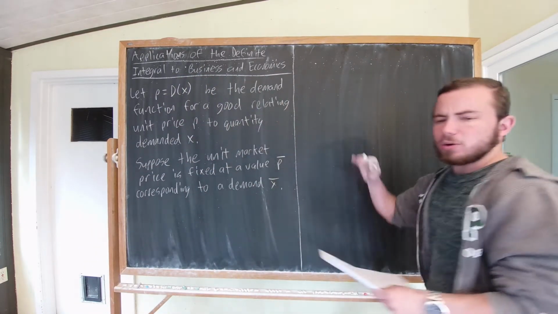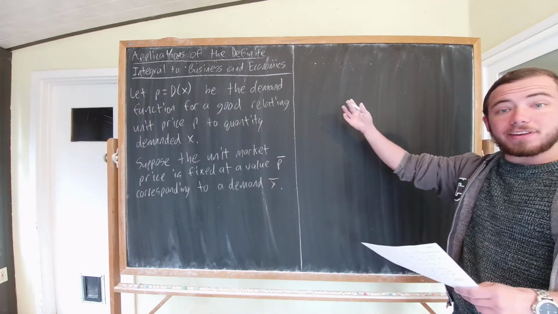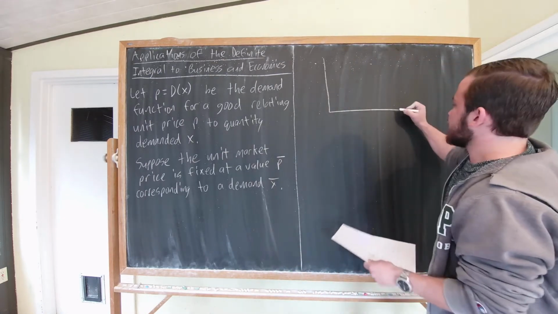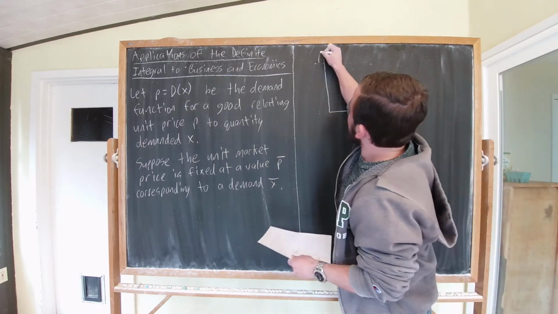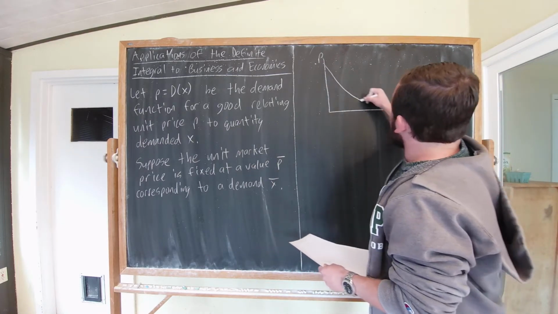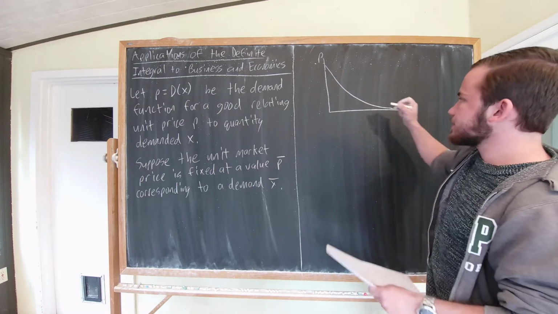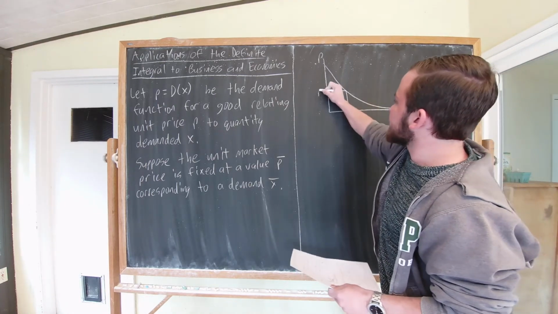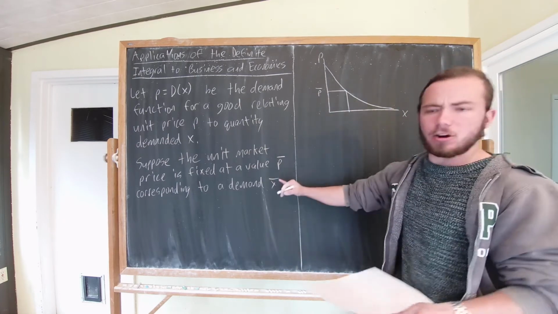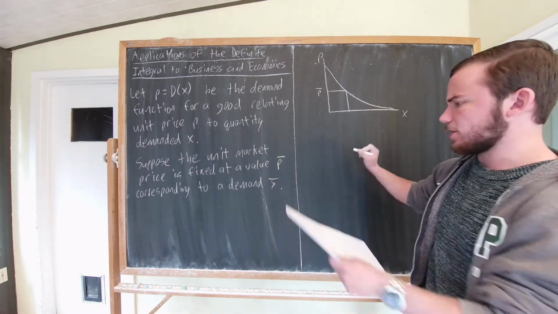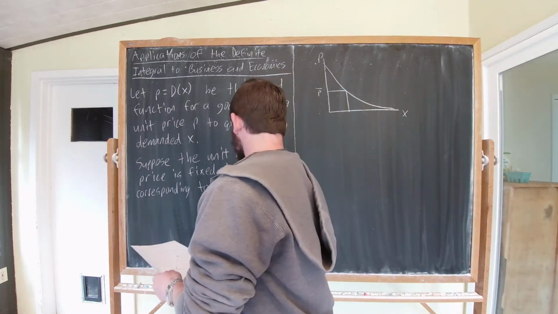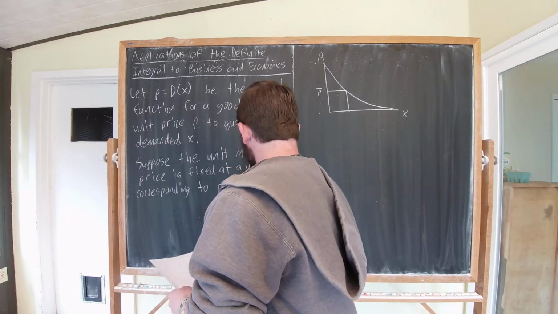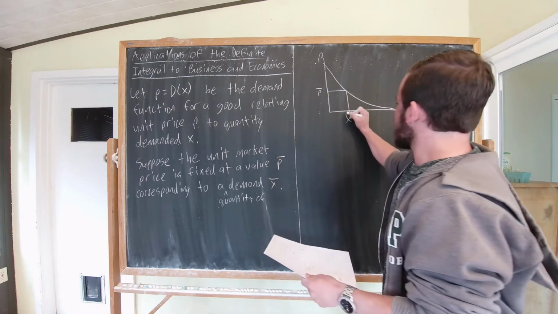So if we were to draw this on a graph, demand curves look roughly like this. Let's say price gets fixed here at P bar, and that corresponds to some quantity demanded X bar.